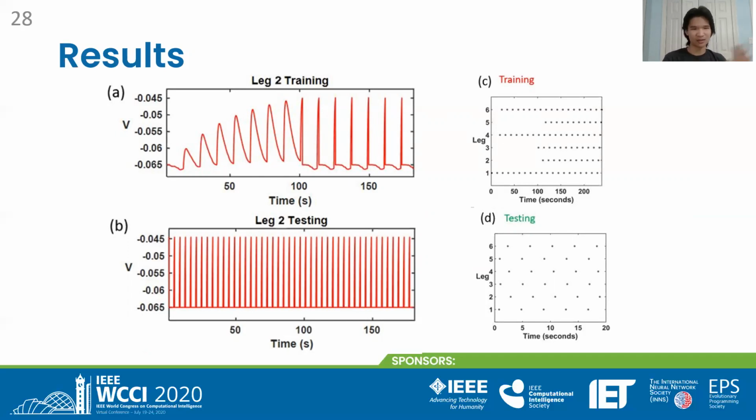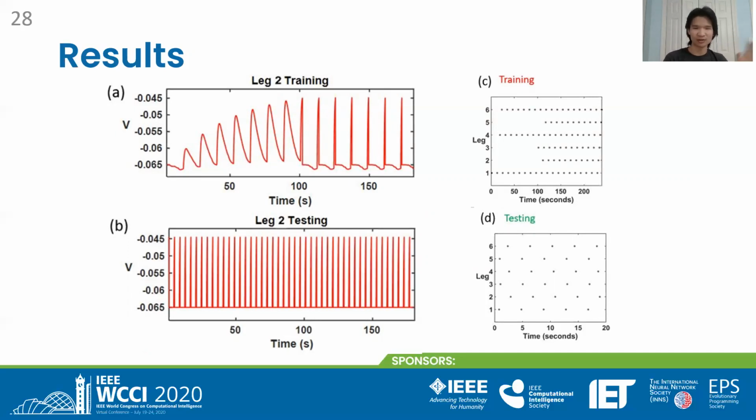In figures B and D, you will see similar things, except here in B, leg 2, the voltage is spiking all the time, and that's because it's already trained. We give it a different gait, and the voltage already knows when to spike. In figure D, you see the raster plot of this new gait, alternating legs 1, 3, 5, and then 2, 4, 6 back and forth periodically.